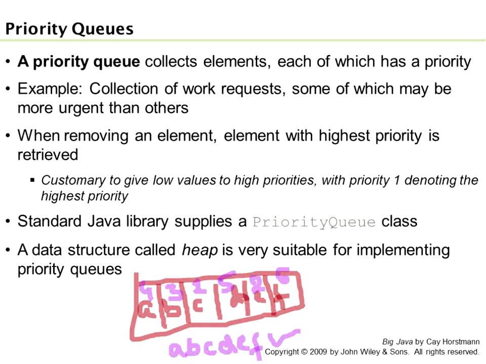The highest priority first. Okay, good. C, and after that E, then B, then A, then D, then F. Okay, so the elements are removed according to their priority. So this is the difference between priority queue and simple queue.